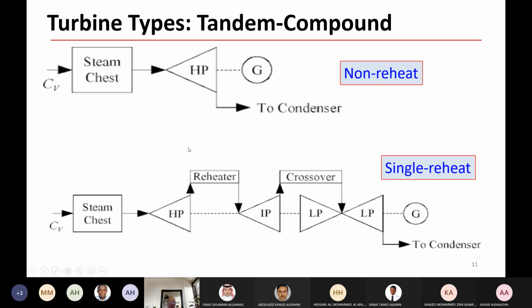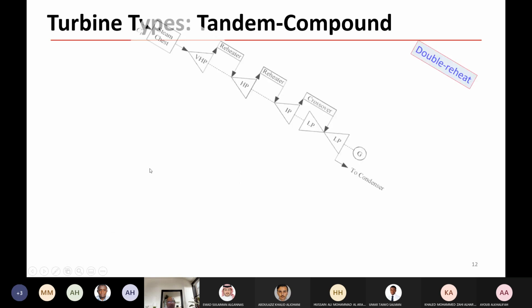So the steam will combine here and then go there. This can be represented by a first order model, 1/(1+sT_reheat), and this one also 1/(1+sT_crossover). This chamber here also means we have a delay, so it can also be represented by a first order model.